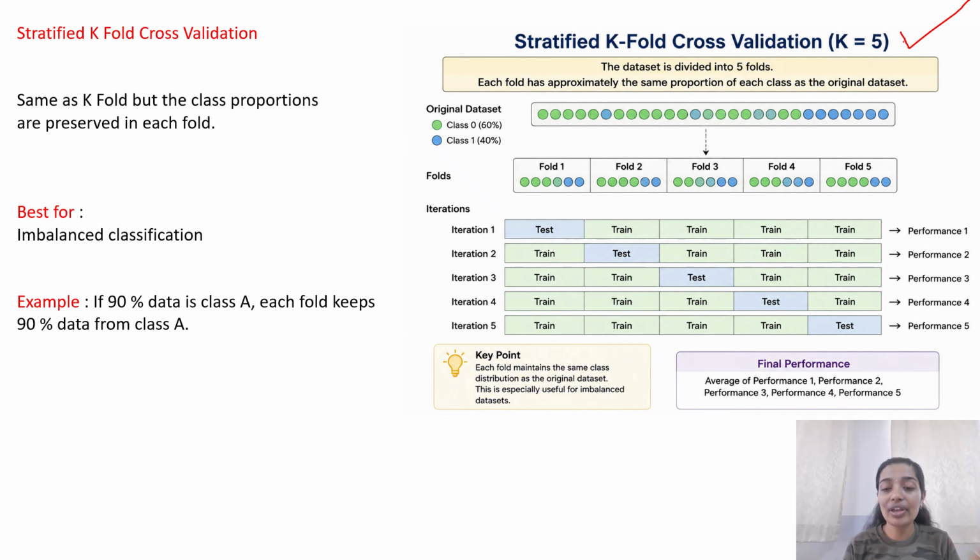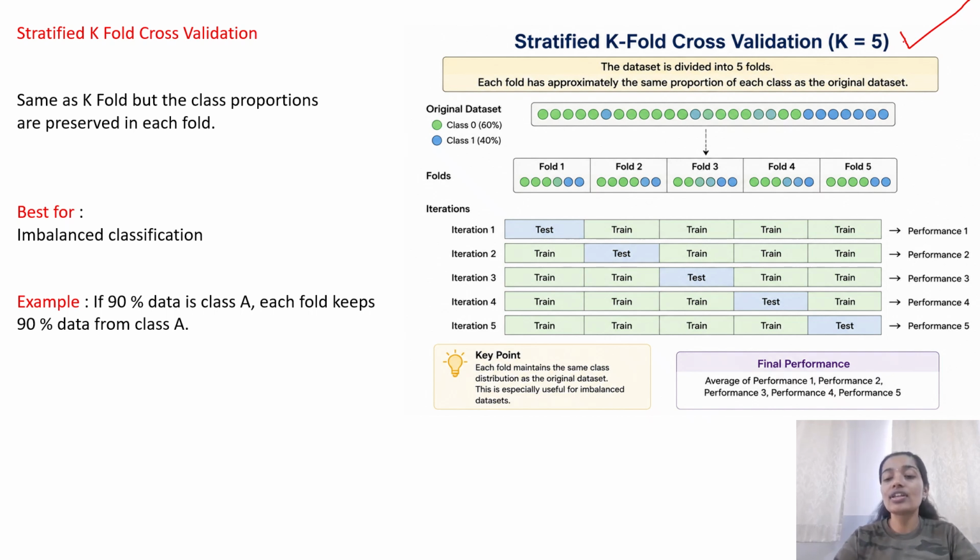So when we make folds, here again we will have 5 folds. In those folds also we will have 60% of the data points from class 0 and only 40% from class 1. Here we can see that 4 of them belong to class 0 and only 2 of them belong to class 1, and that will be seen throughout all the folds.